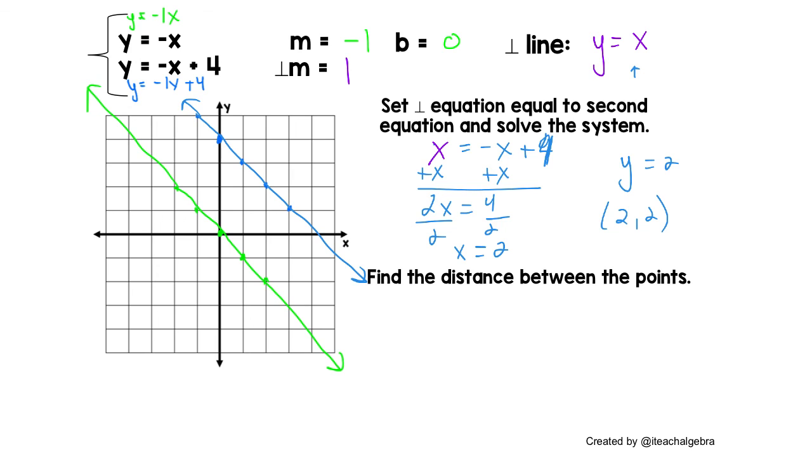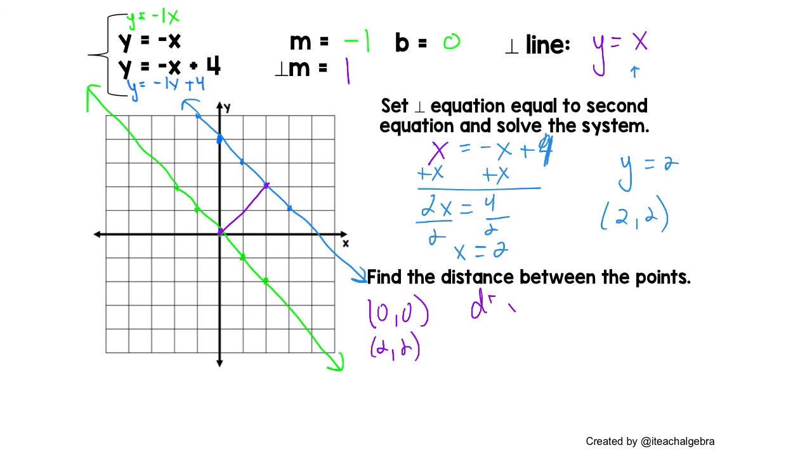Now we want to find the distance between those 2 points, being (0, 0), this point right here, and (2, 2), that one right there, that we want to know the distance between these two parallel lines, I'm sorry.